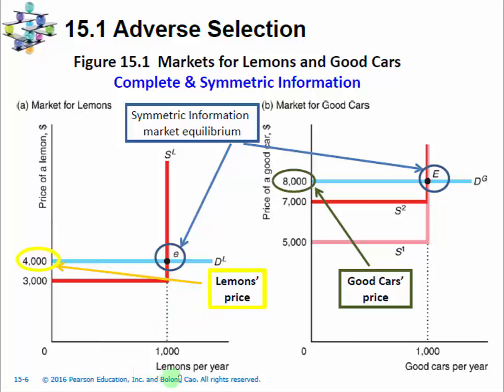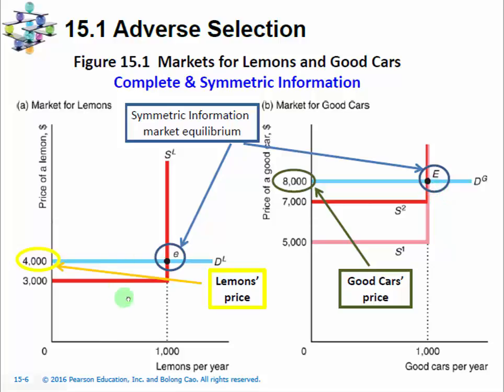So in the market for lemons, these 1,000 lemons will be sold at $4,000, since at $4,000 the quantity demanded is unlimited and there are only 1,000 bad quality used cars available for sale. In the good used car market, these 1,000 used cars are also completely sold out at $8,000 per car, again because at the $8,000 price, the quantity demanded is unlimited.